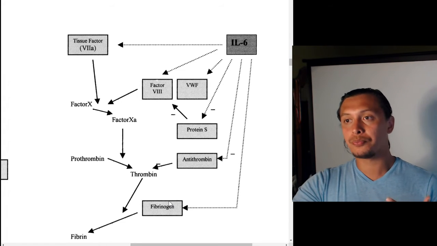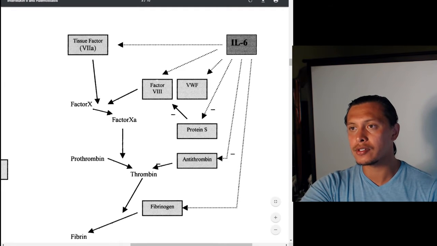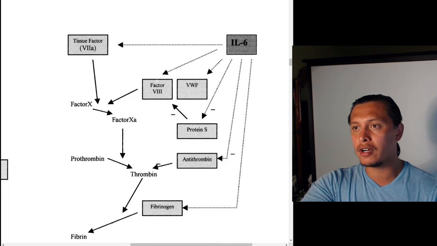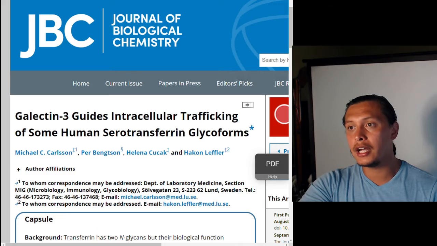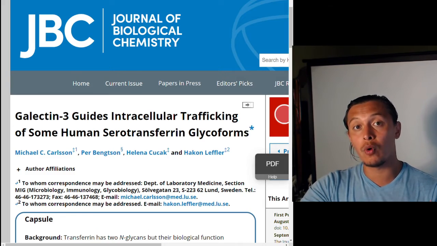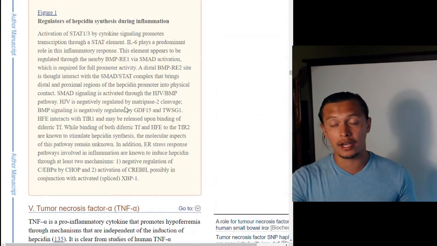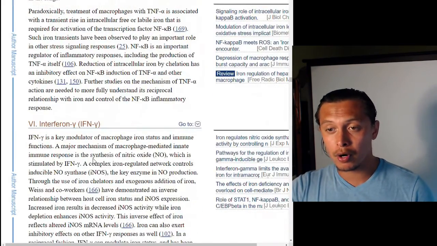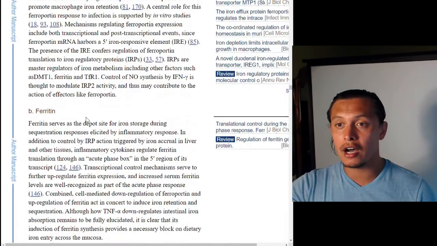And so why or how do I phrase this? What I'm getting at right now is that I think that iron is going to upregulate different proteins, and some of those proteins will be ferritin.